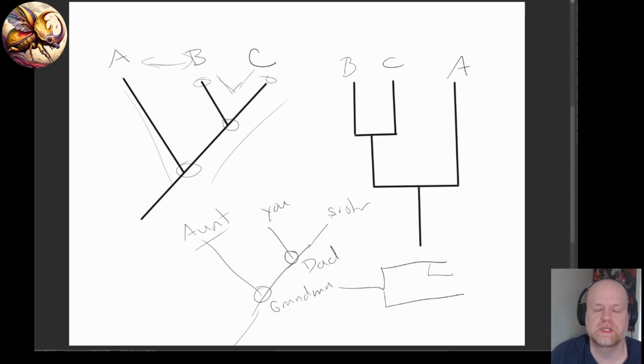It's a similar relationship. It's not an exact metaphor. Obviously, grandma didn't die off. Well, I mean, maybe your grandma did die, but it's a metaphor, but the tree of life works similar to a family tree.